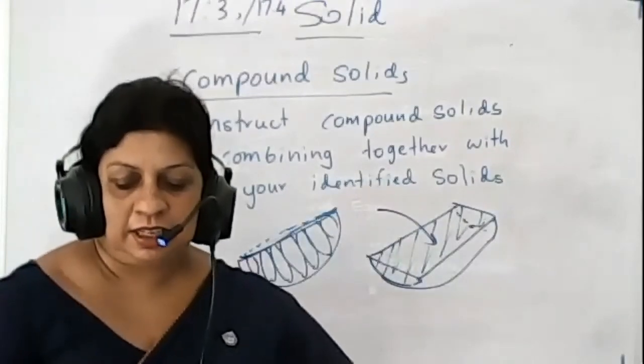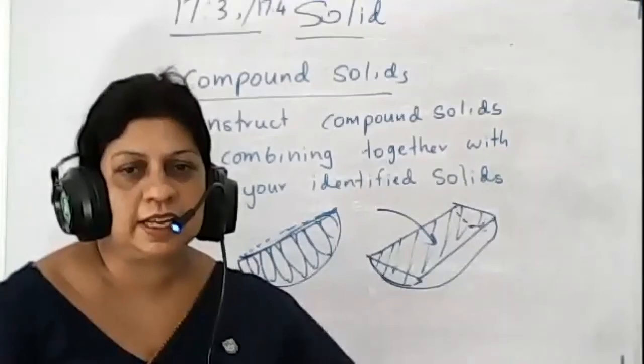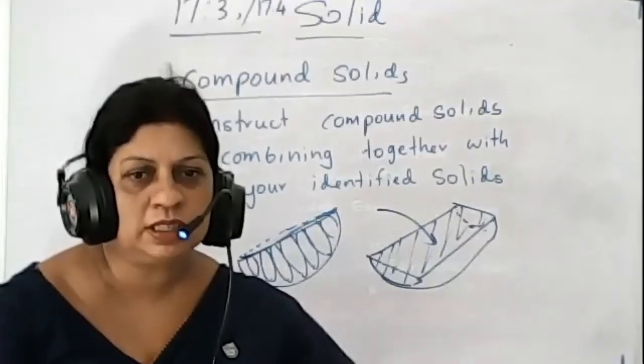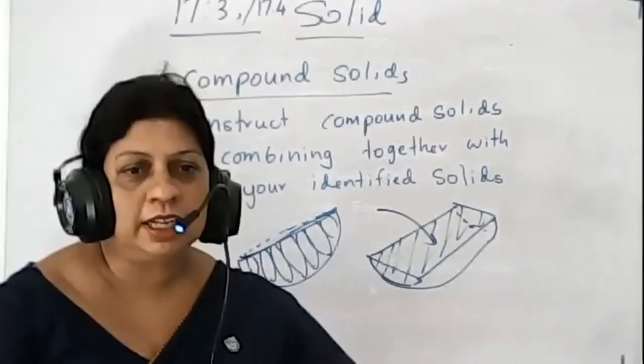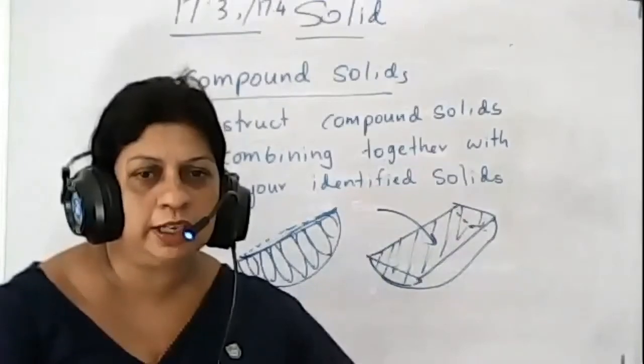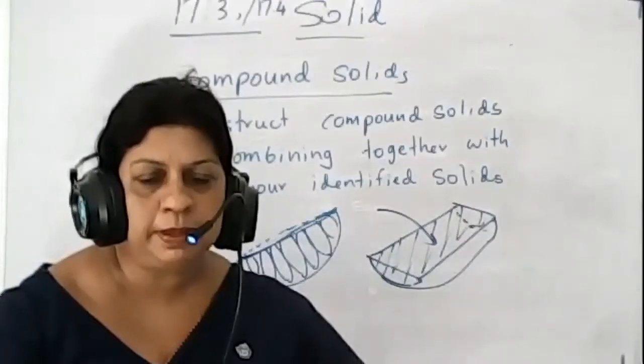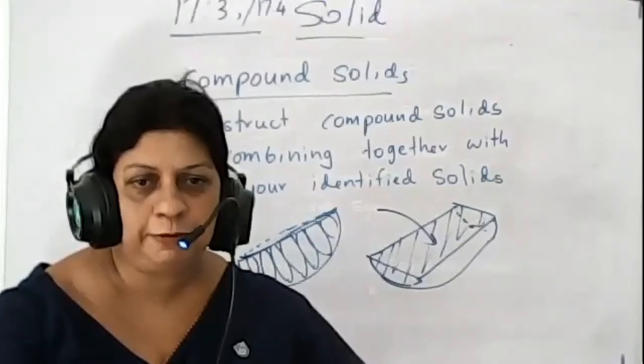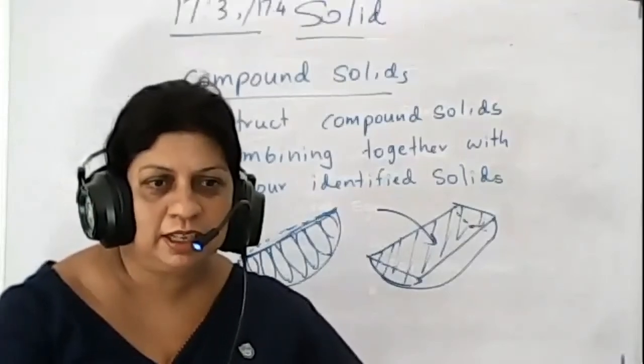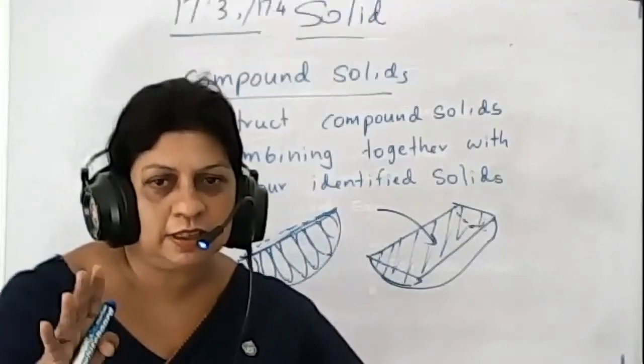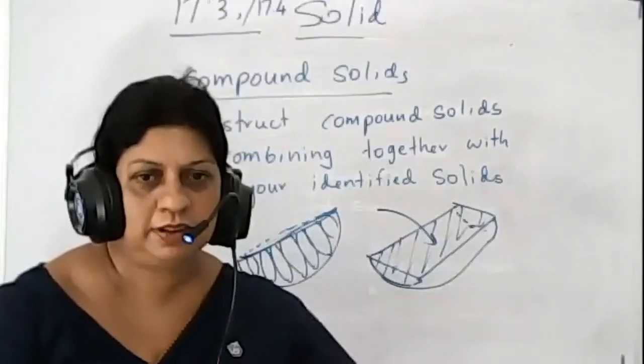There is exercise 17.2. I'm not telling you to do this because this is a practical one. I think in a scholarship exam, you have to identify if you can build a solid using these figures. Can you remember? Without our net, there is another separate type of net here, right?